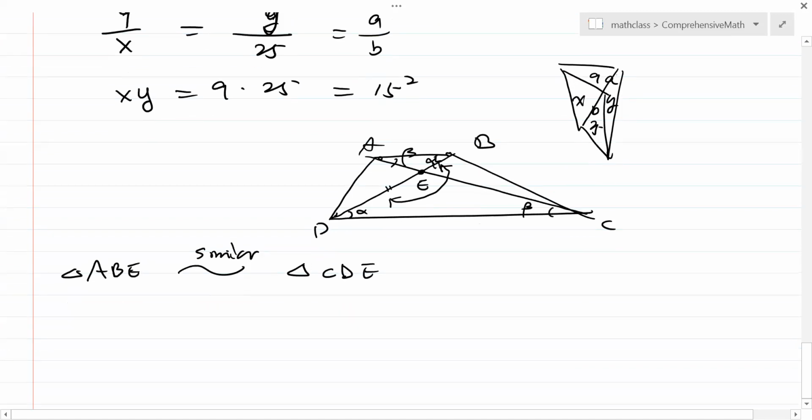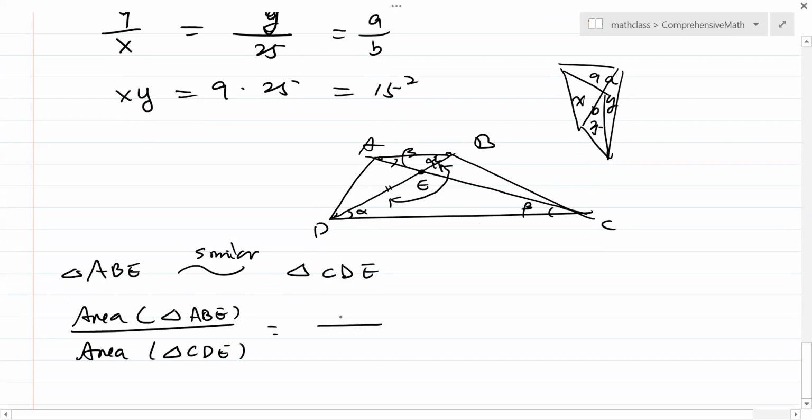That's good. That means for the ratio of the areas, you can use it because those two triangles are similar. So the area of triangle ABE over the area of triangle CDE is going to be 9 over 25.